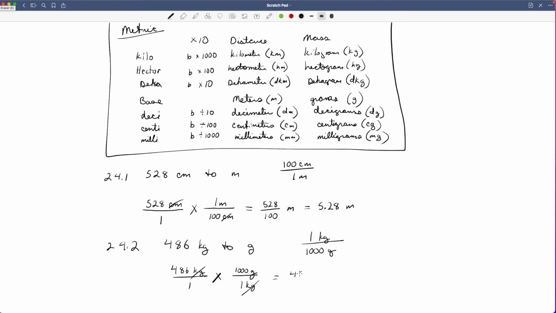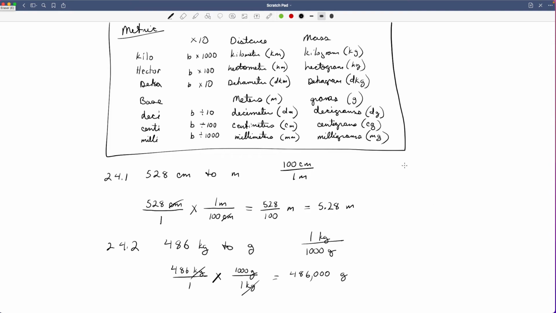So that's going to be 486,000 grams. And if we had said 1 times 1 and put that over 1, it would still just be 486,000 grams. We just saved a step. All right, you see how easy these are? You guys can do these. I have every bit of faith.